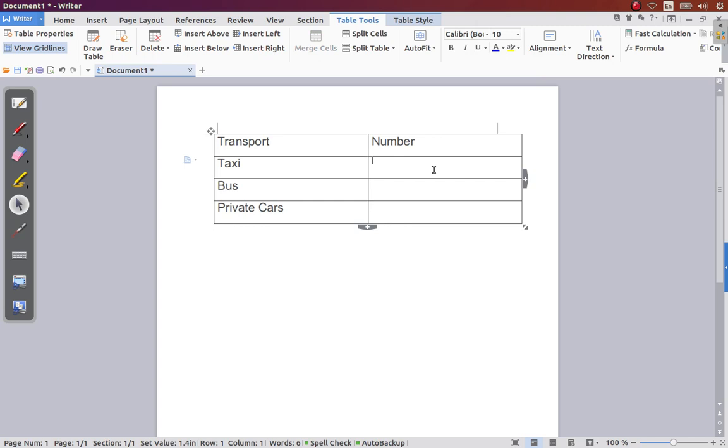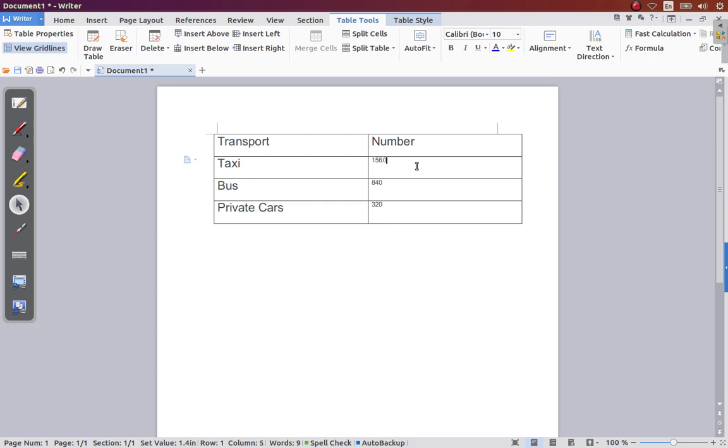Now, throughout that week, out of all the people that you interviewed, you find that, let's say, 320 of them travel by private cars. 840 of them take the bus. And you have 1560 of them who take taxis.